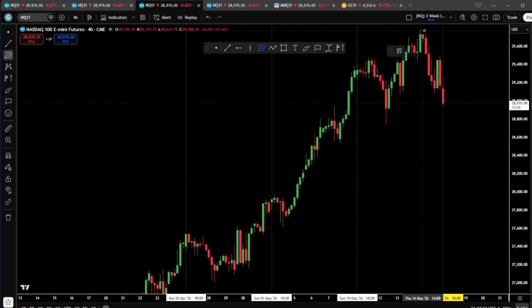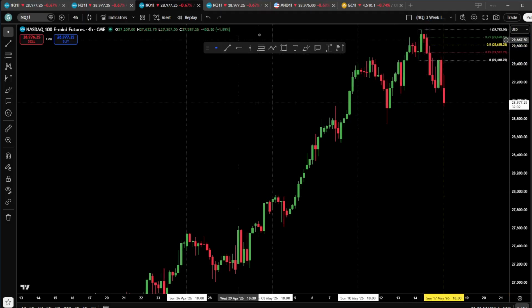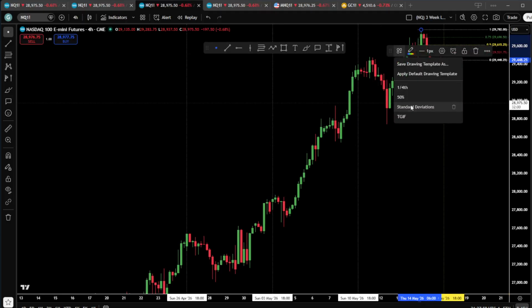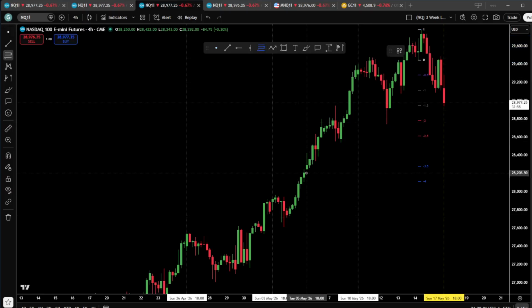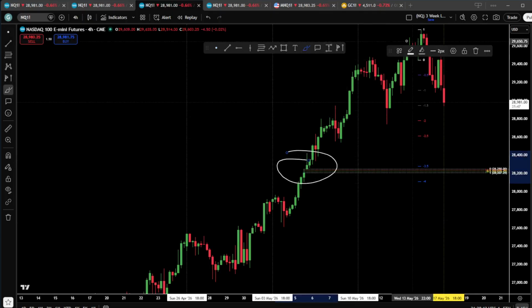And the standard deviations here of the 4 hour align with the open of Wednesday, May 6th, which gapped up and rallied, okay, so clear inefficiency in the range here.